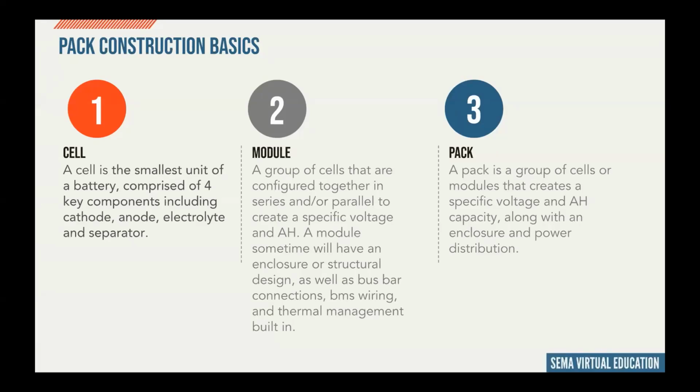Now, this discussion is really not about battery cell technology or construction. It's really about the pack. So we're just going to leave it very simply at that the cell is the smallest unit within a battery pack.